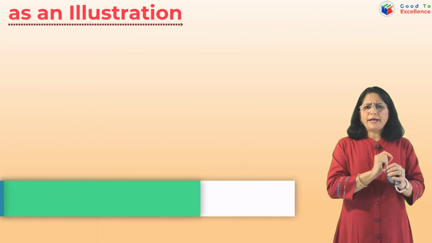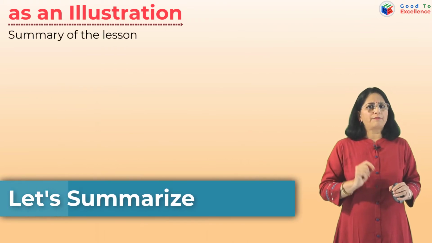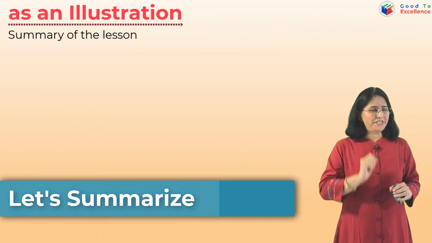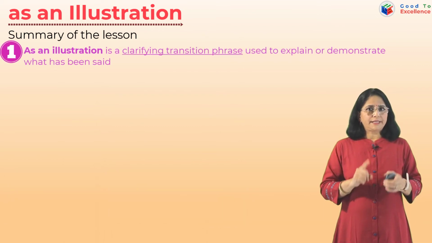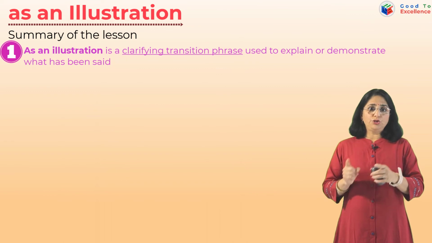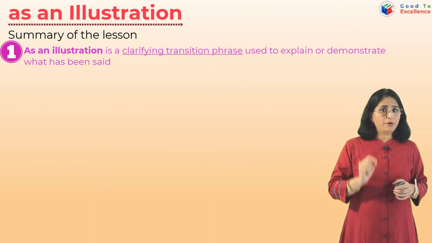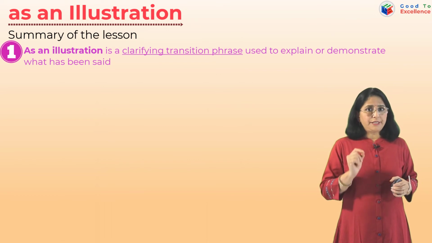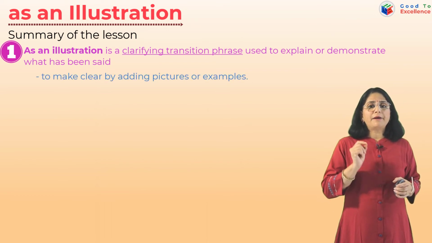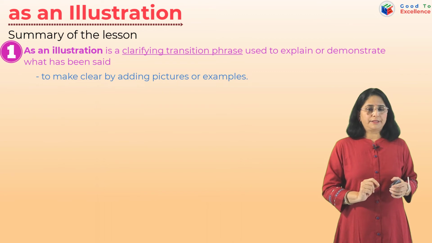So let's quickly recount the main points of our lesson today. Summary time. As an illustration is a clarifying transition phrase used to explain or demonstrate what has been said. In other words, it means to make clear by adding pictures or examples.